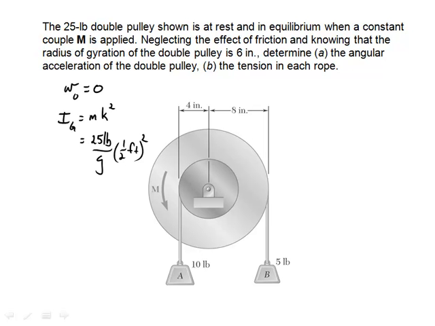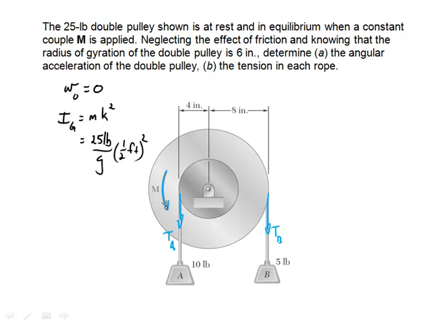Now when we initially started this problem, we said it was in equilibrium. And so in that case, the tension of the ropes would be equal to the weight. So if I have a 10-pound weight here, the tension up is 10 pounds. Here it's 5 pounds. But we're no longer in equilibrium. The tensions are no longer equal to those weights. So as I look at the forces, there's going to be a T sub A over here and a T sub B over here.